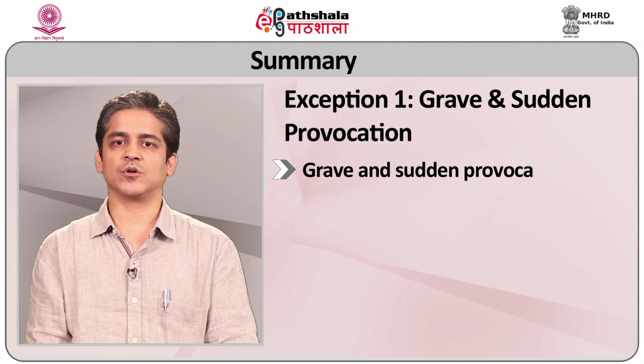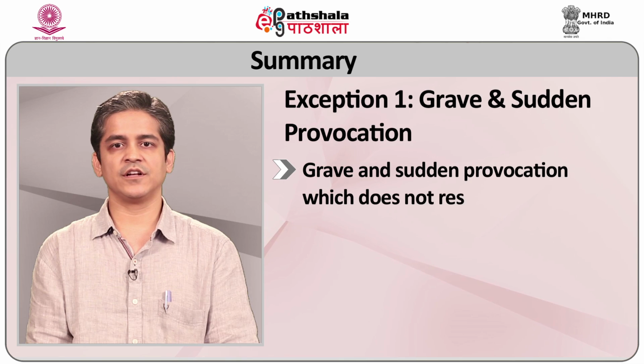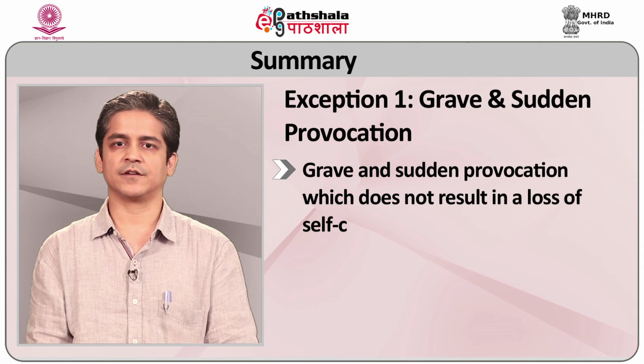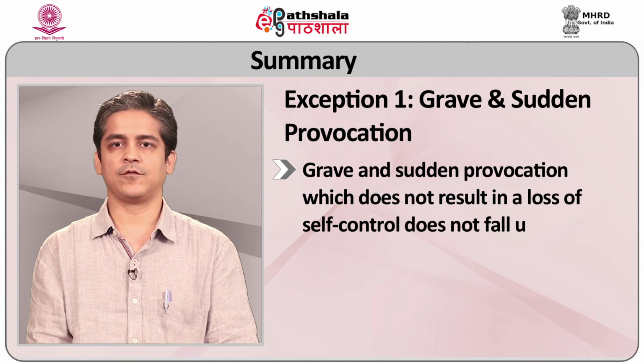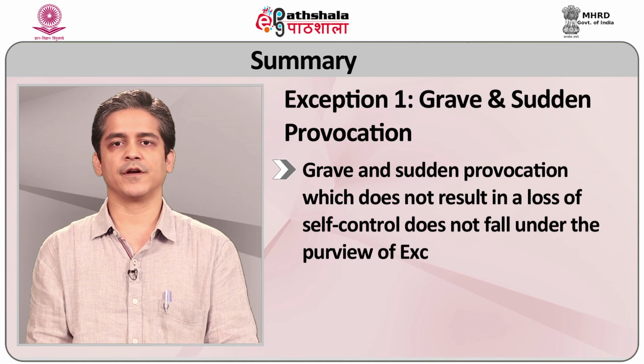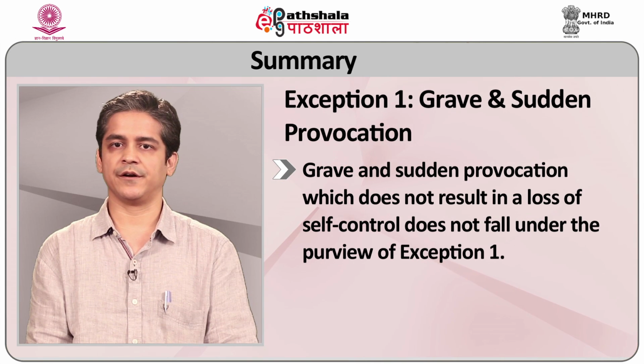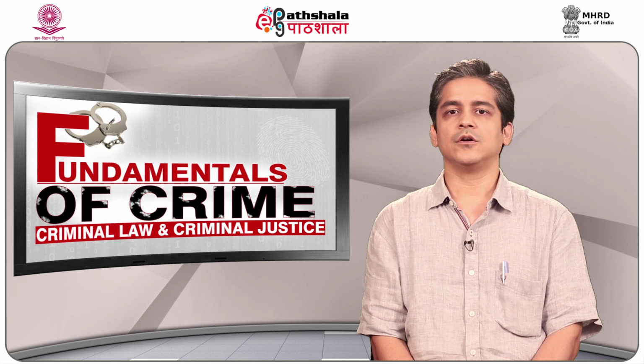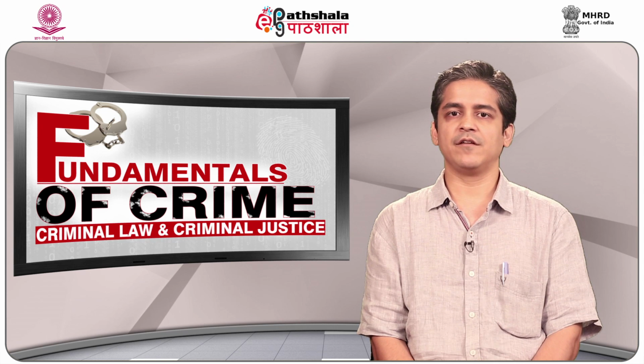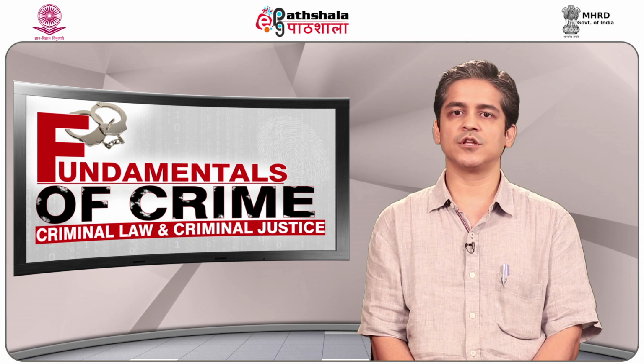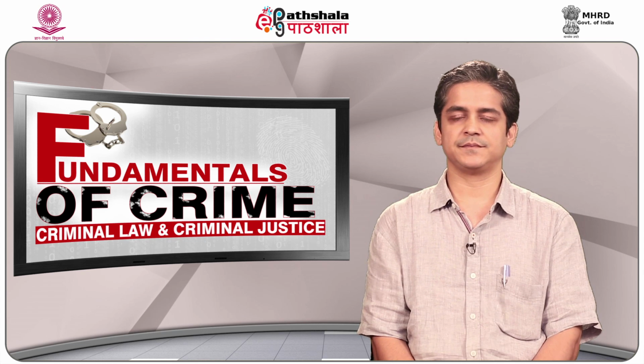Grave and sudden provocation which does not result in a loss of self-control does not fall under the purview of exception 1 to section 300. To claim the exception of grave and sudden provocation, the accused must not have sought the provocation himself.